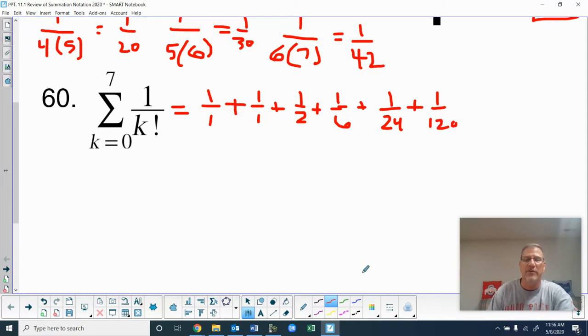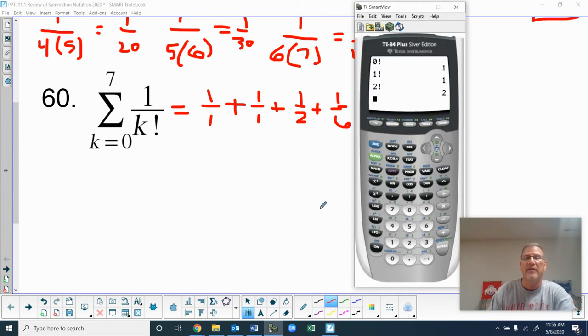Again, I'll do those quick on my calculator just to show you. Hit second enter, go to the left twice, put a 3 in. There's our 6. Second enter, left twice, 4. That's 24. Second enter, left twice, 5.